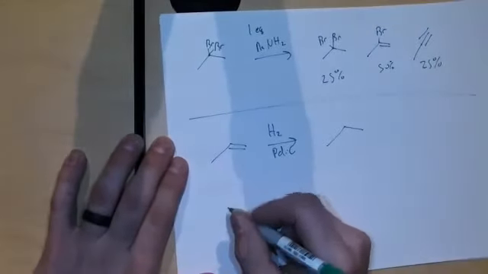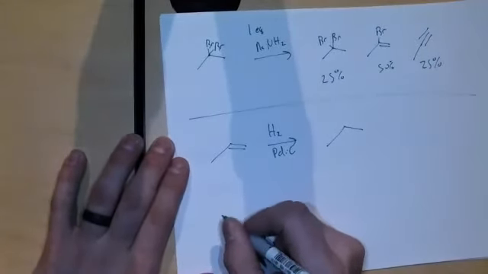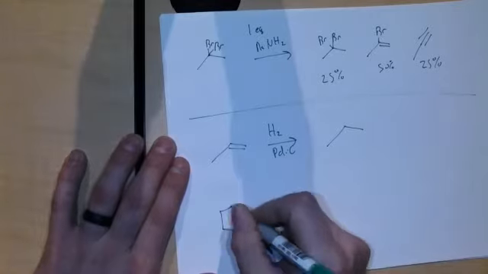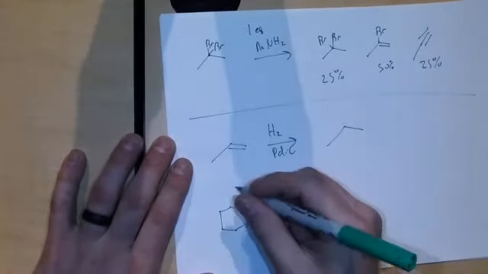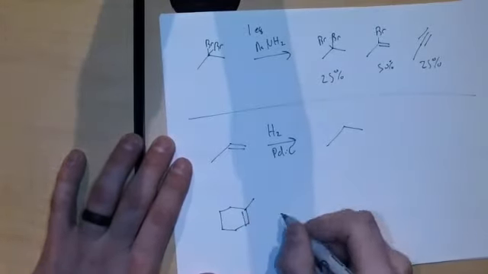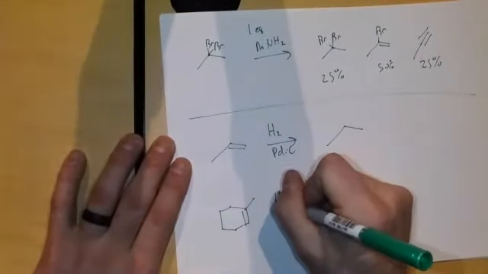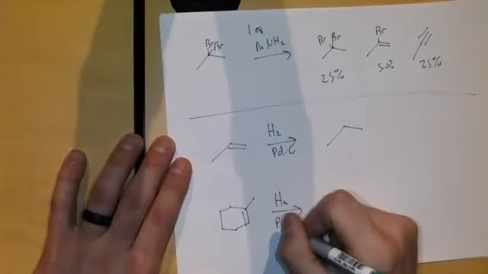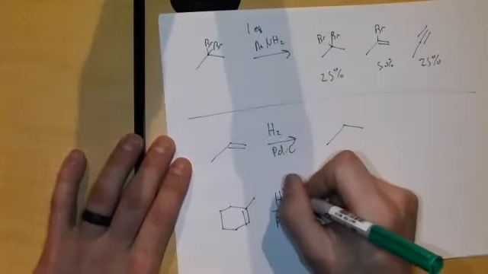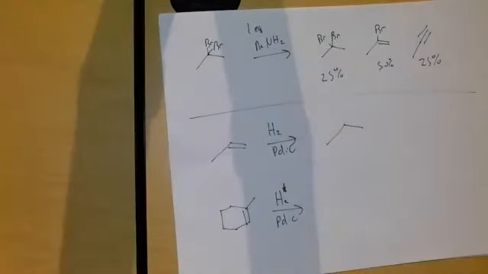Something I don't know if you guys learned before is that it actually adds them syn to each other. So I'm going to put a little star on these ones.